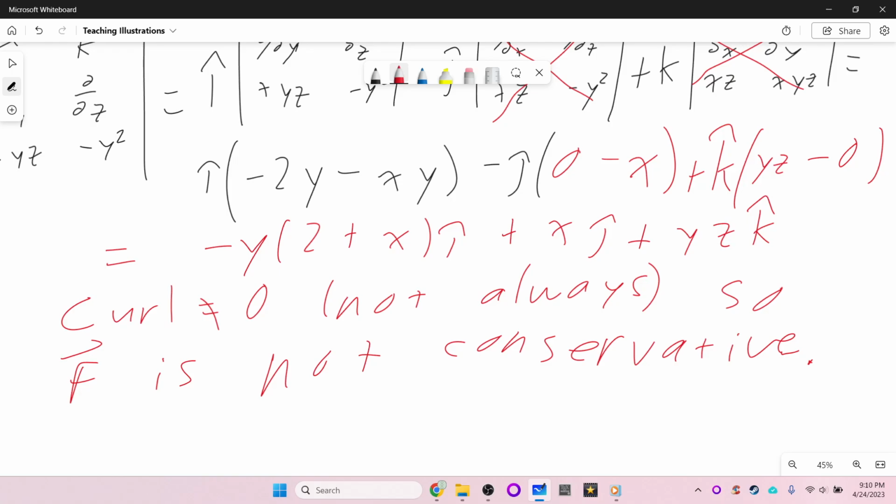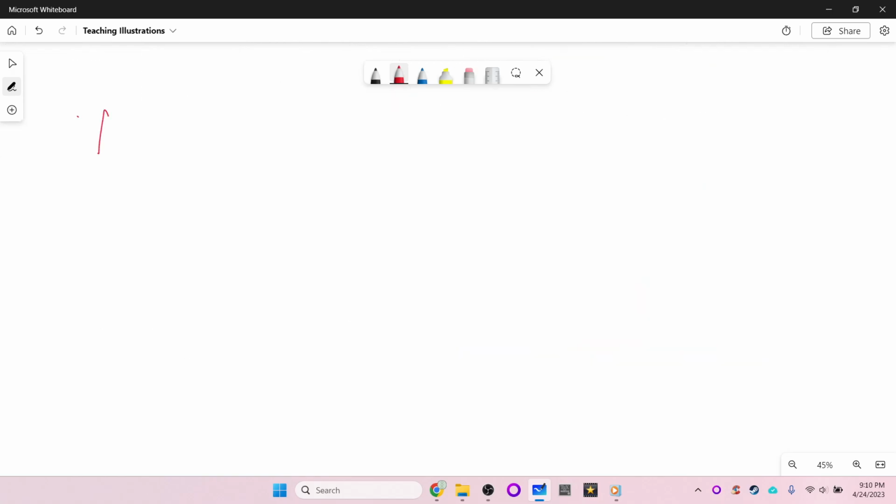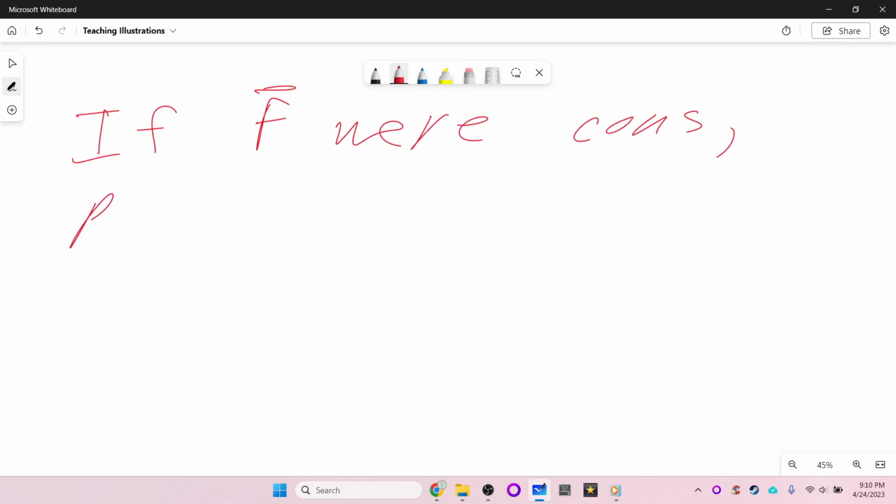Okay. I'm not going to go through the whole proof there, but yes, there's a proof in the book. If capital F were conservative, then there is some potential, little f.